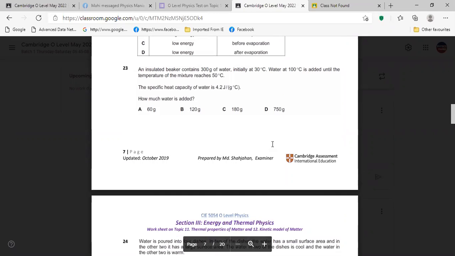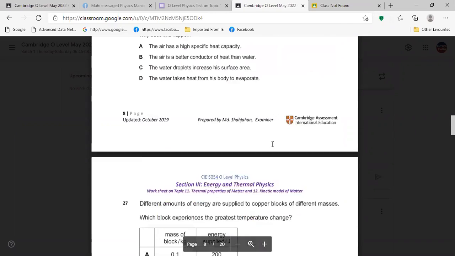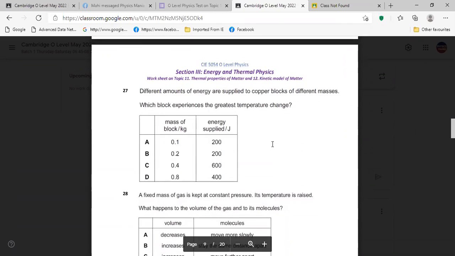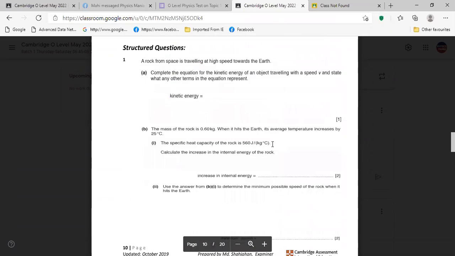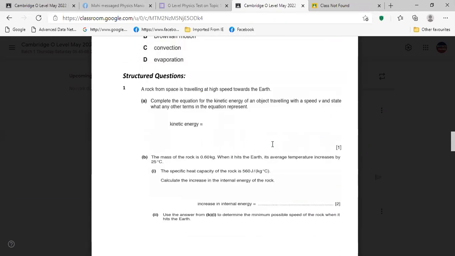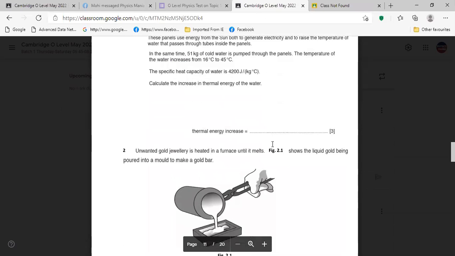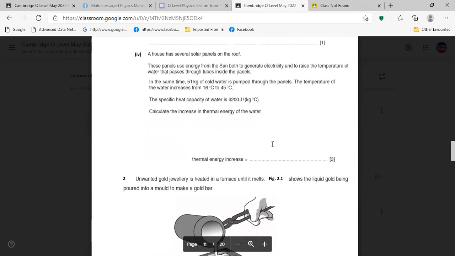If you look at the question, you'll understand which one is related. Now you are already equipped with the formula applications. And in the structured part, we also have some questions related to specific heat capacity. You see here, thermal energy increase, specific heat capacity is there.